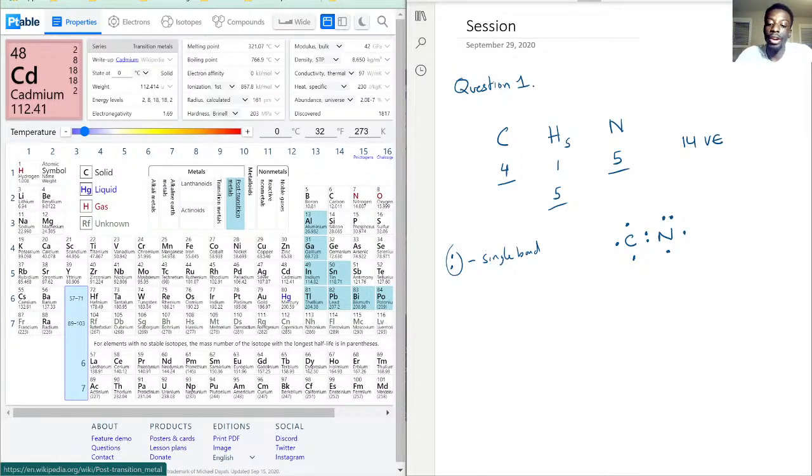Now we start throwing in the hydrogens. I just like throwing it in every corner that's free, meaning it has only 1 valence electron or even none, depending on how complex the question is. Usually it needs at least 1 though for the bond to actually form. So hydrogen, we just throw it in there for every part that has 1. We know hydrogen each comes with 1 valence electron, so we add that in there.